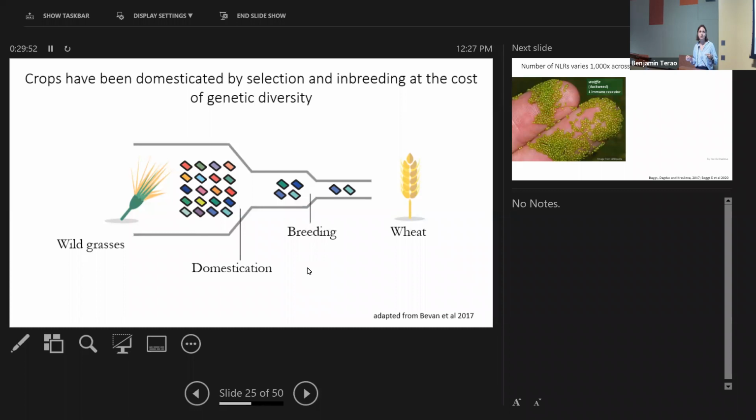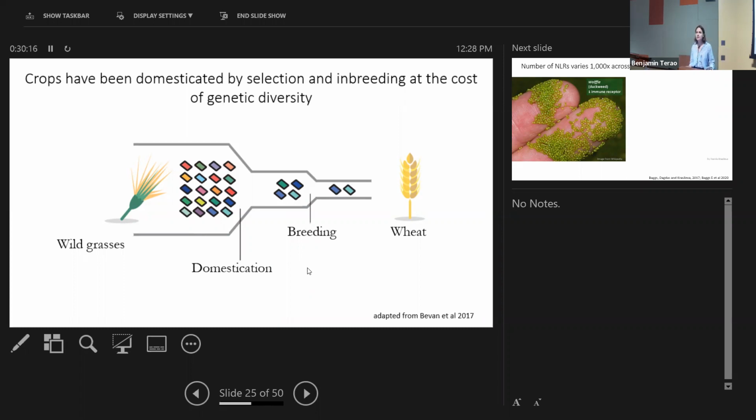What we've done through breeding and planting monocultures is we undermine the fundamental principle of any type of functional immune system. We got rid of that diversity. We're basically planting plants with exactly the same set of immune receptors. So if a pathogen overcomes it, it can wipe out the whole population.